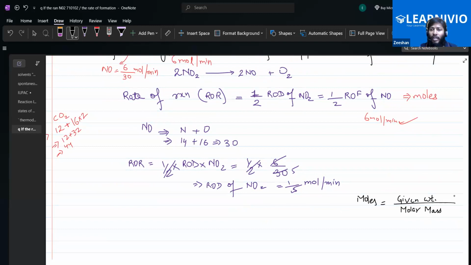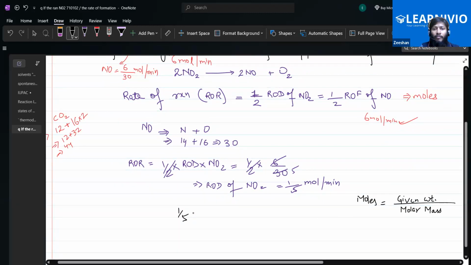You have to find the given weight. Per minute will always be there in this question. So 1 by 5 equals the given weight, which we have to find, upon the molar mass of NO2. Now, Mamuna, can you try to get the molar mass of NO2? Can you tell me?